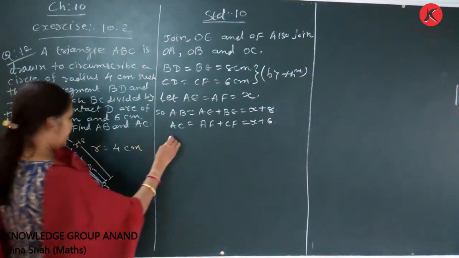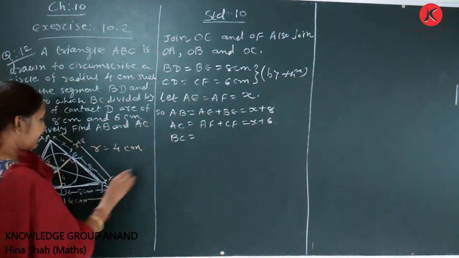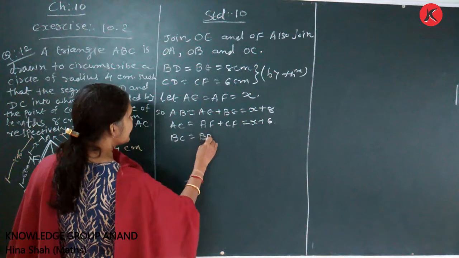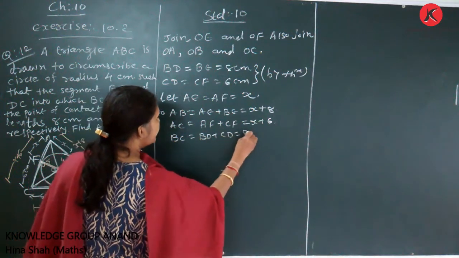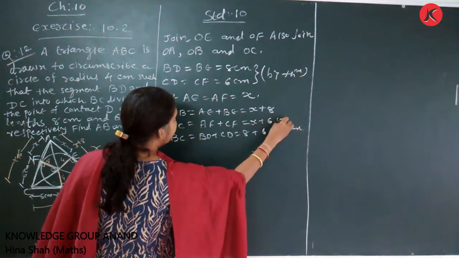And BC is equal to BD plus CD, which is 8 plus 6 is equal to 14 centimeter.